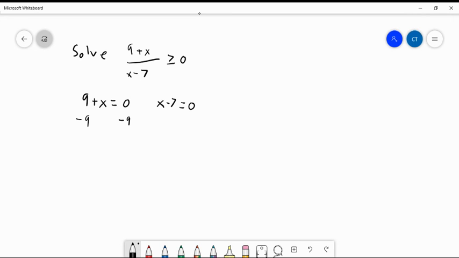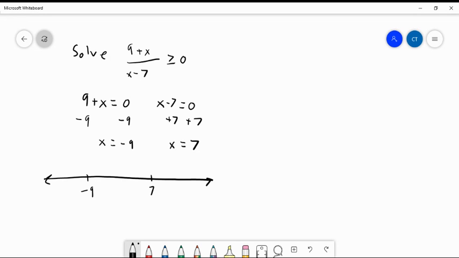Subtract 9 from both sides to get x equals negative 9. Add 7 to both sides to get x equals 7. We are going to put those two numbers on a number line, making sure that you put them in order from smallest to largest.